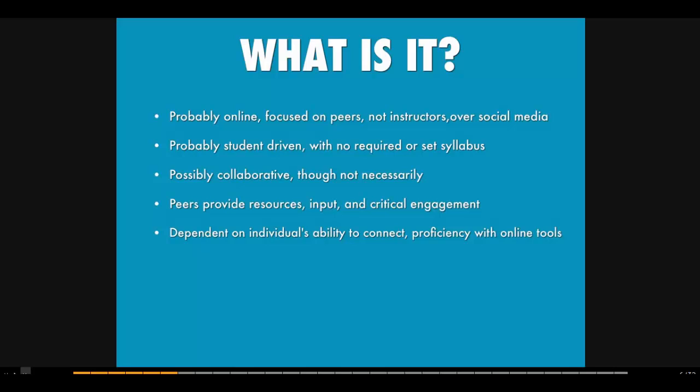When you find something interesting and cool, you share it with a community of people that you've created around you, and they do the same thing, and you all rely on that to generate new resources, new ideas, and new knowledge. And you also rely on one another for critical engagement, for people responding and giving you feedback on the ideas that you come up with and on the resources that you have and on the things that you try out and talk about.